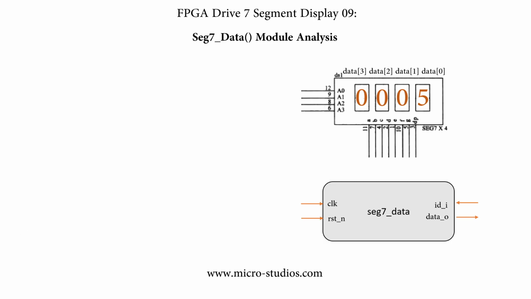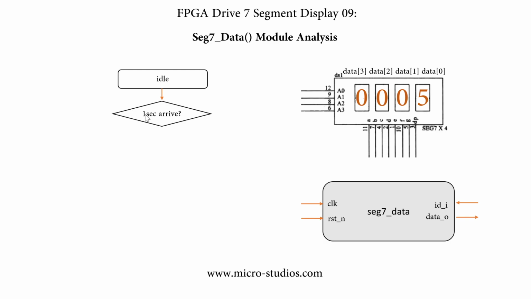Okay, so for the next step, let's take a look at the state machine of this module. Of course, the first state will be the idle state. The idle state will check whether the 1 second has arrived or not, because we are designing one stopwatch function.